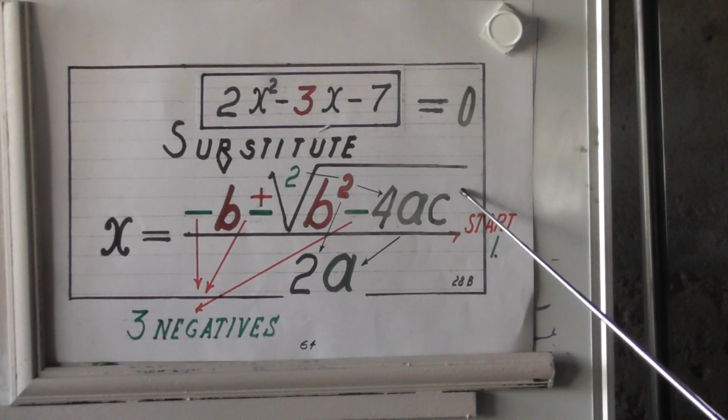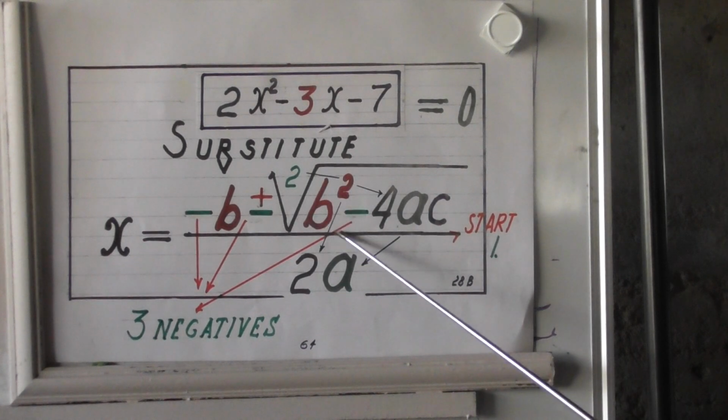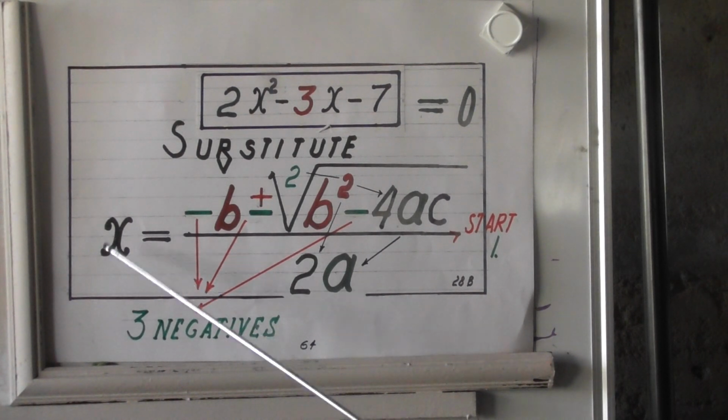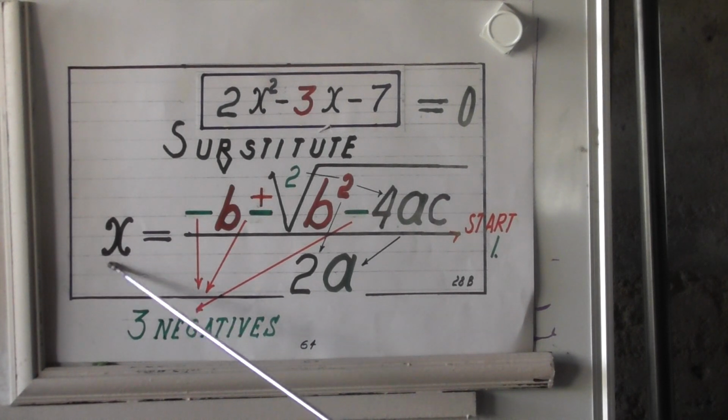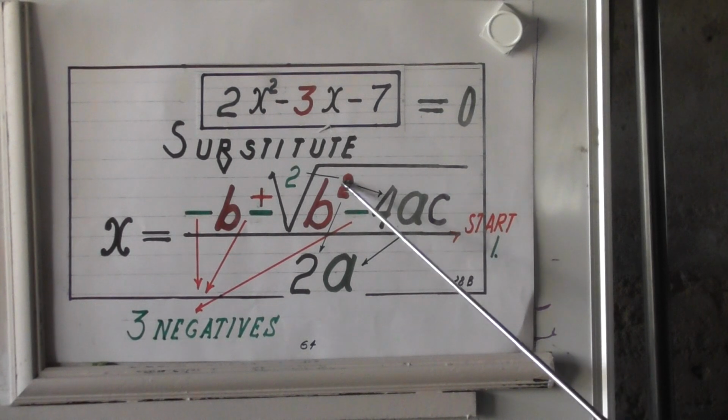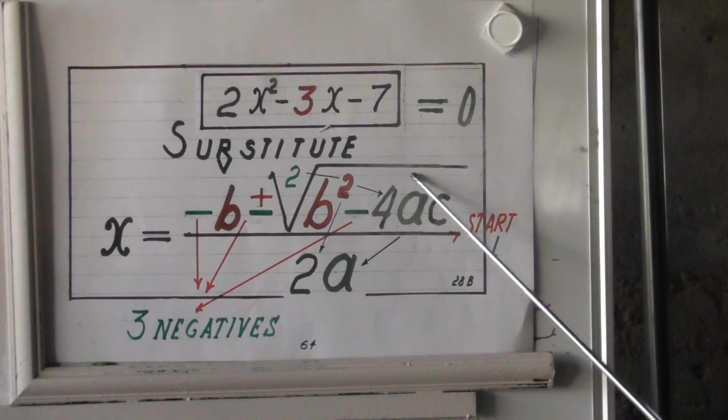We are now concentrating on this part, and we can find out if there is an X, if there are two X's, if there are two equal, or if there is no possibility. And this tells you whether that is the case.